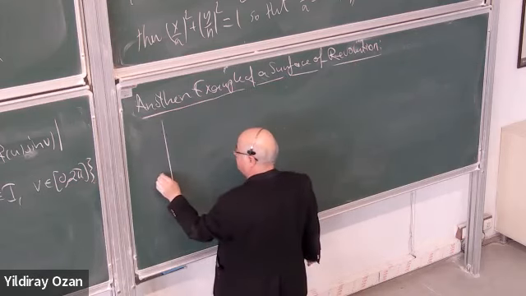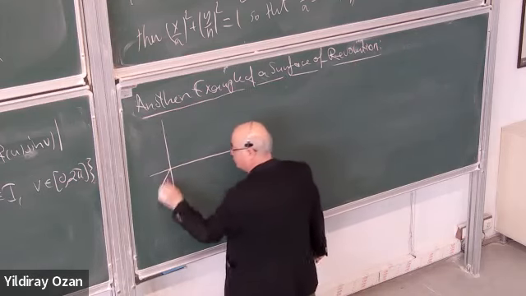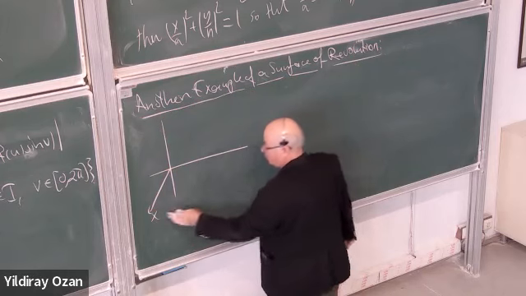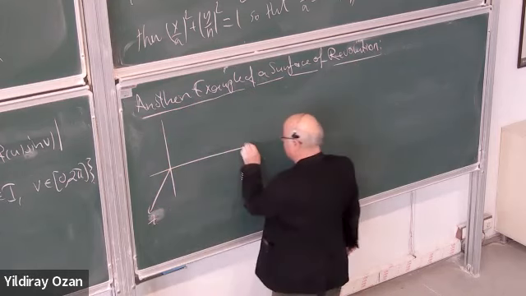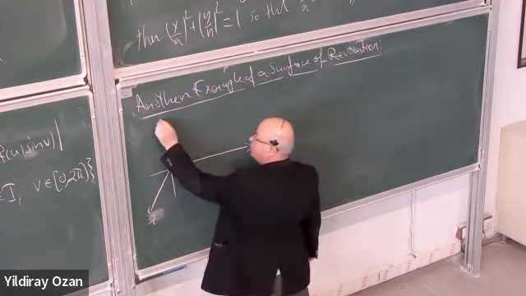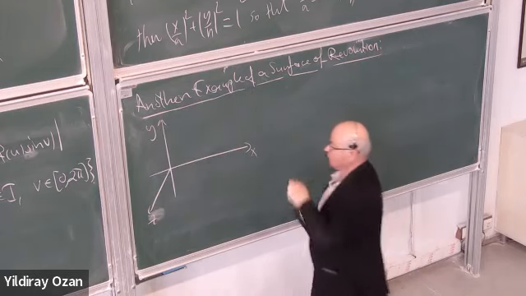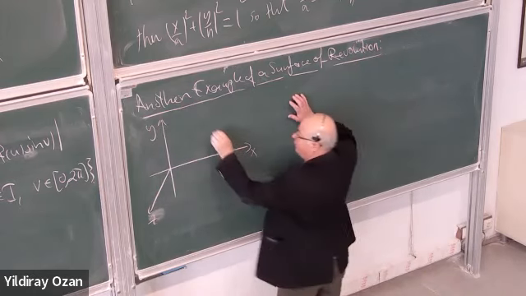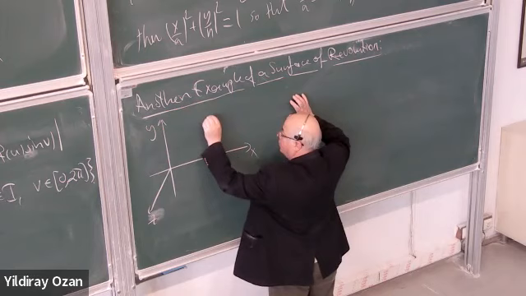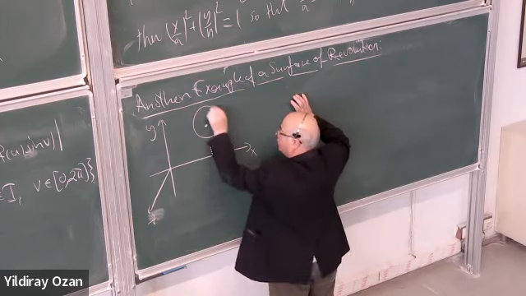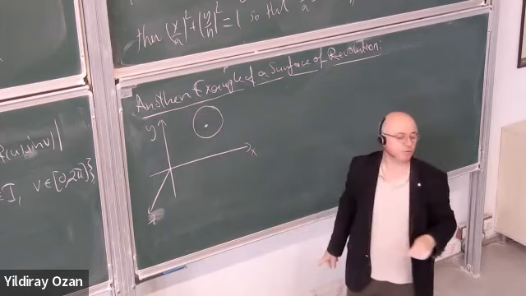Let's take the z-axis, x, y. Let's take a circle here. This is not a graph of a function, right?